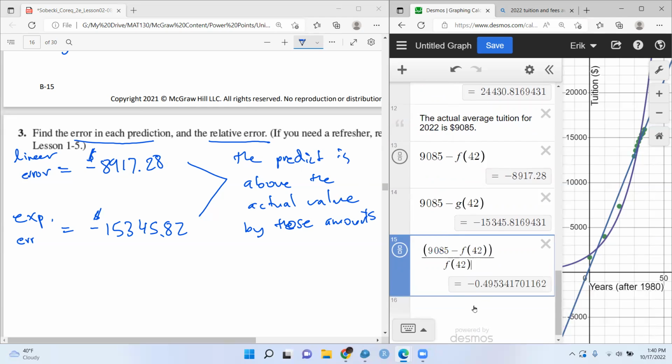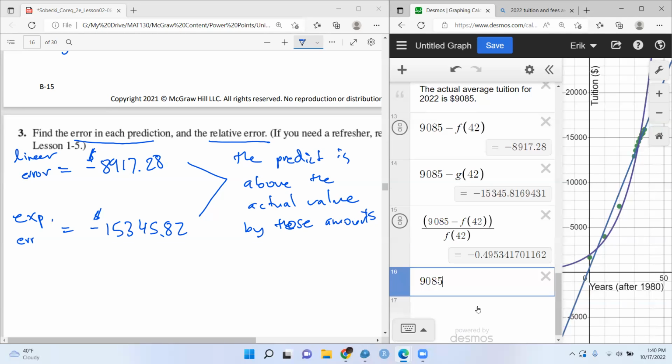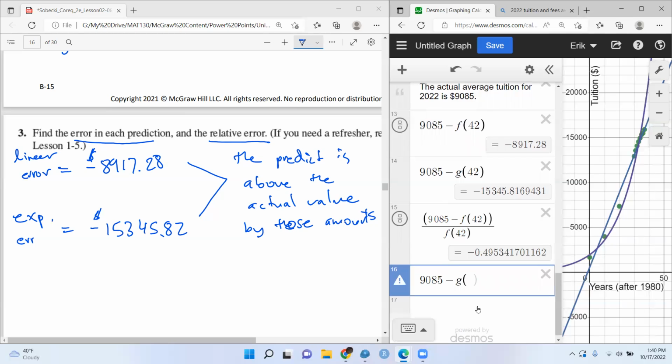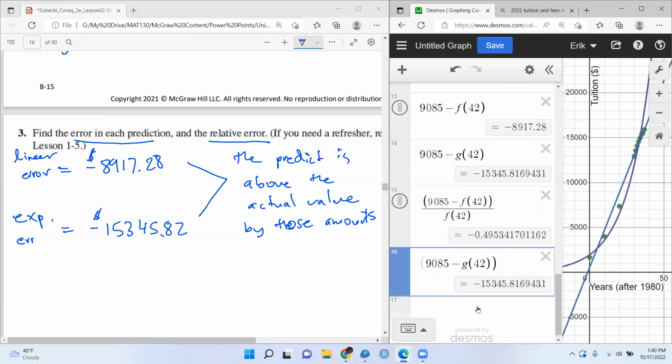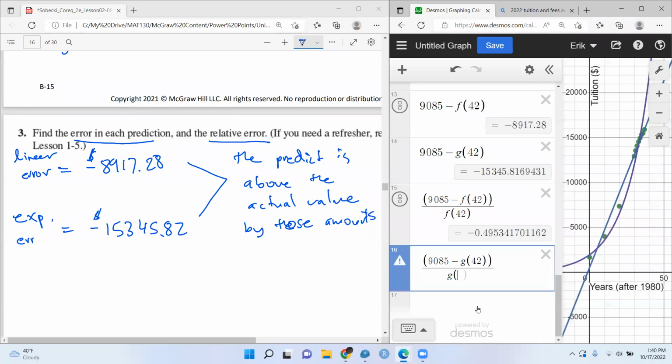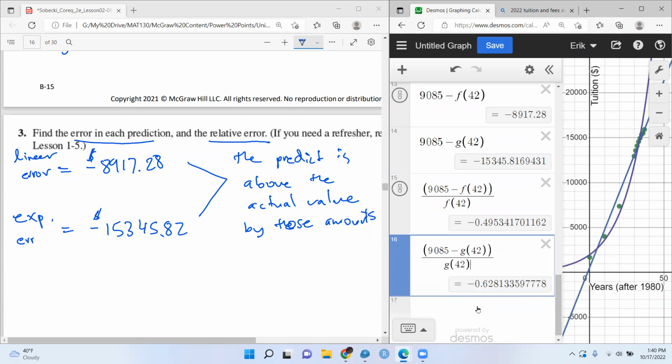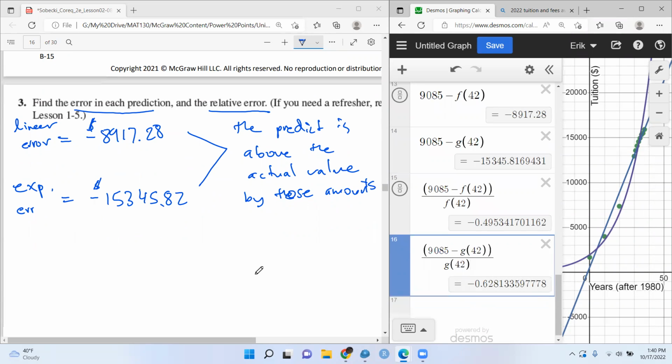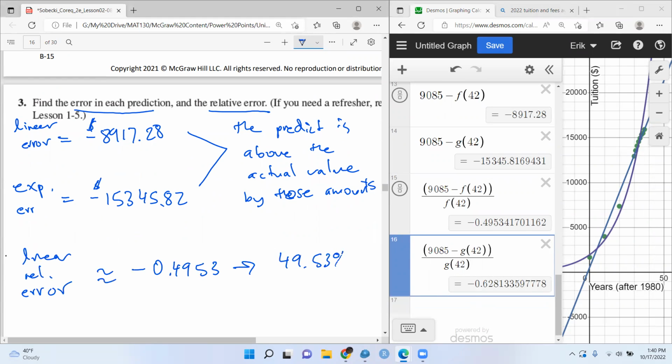And remember, the relative error here is really the percent error. So the linear relative error is approximately equal to negative 0.4953, or 49.53% above the actual value.